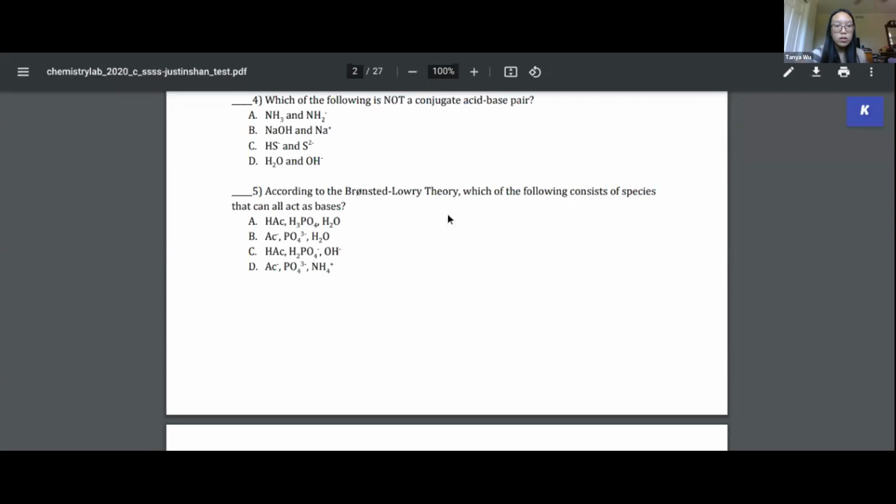This one would be B, because this one is the base and then the conjugate acid, and all the other ones are the acid and then the conjugate base.